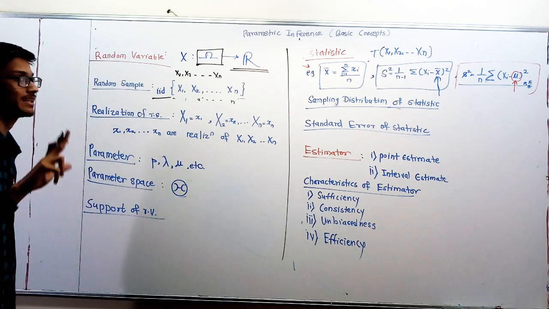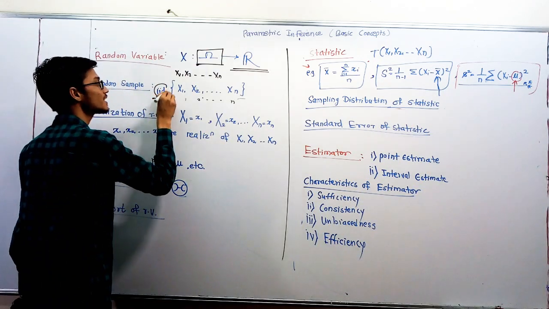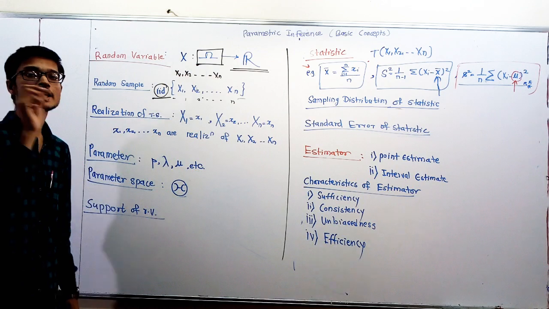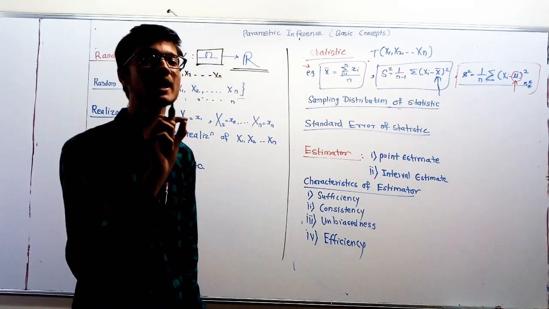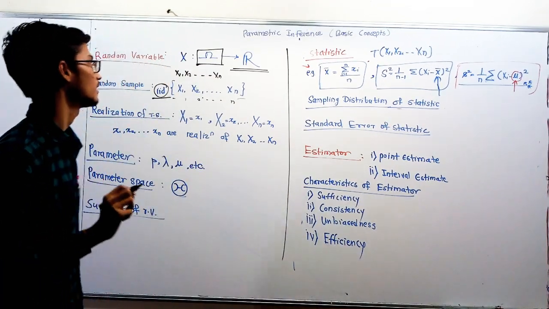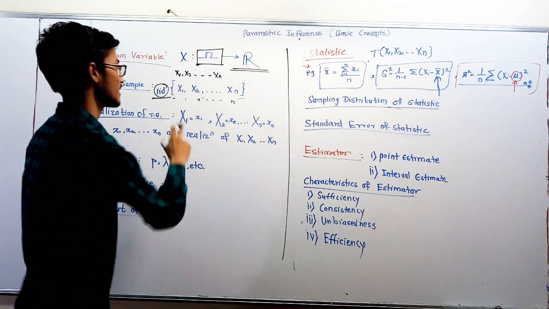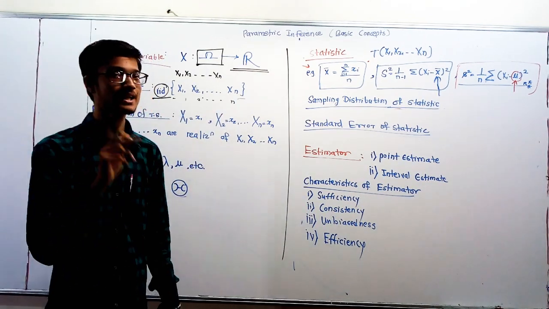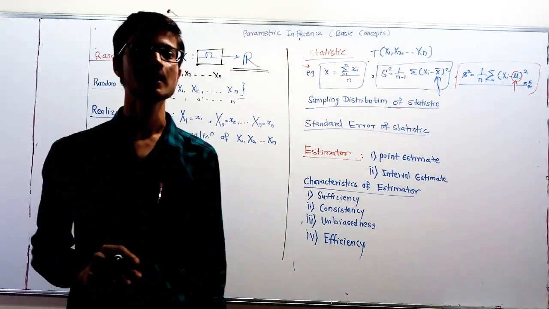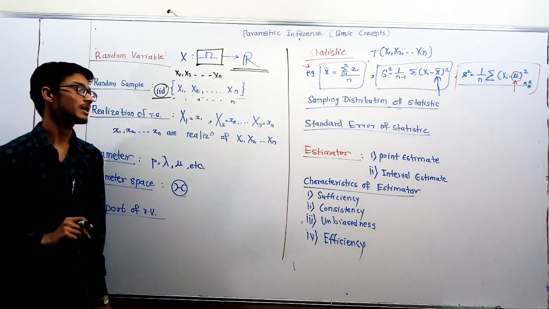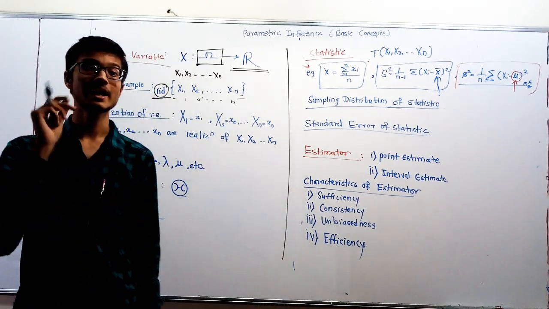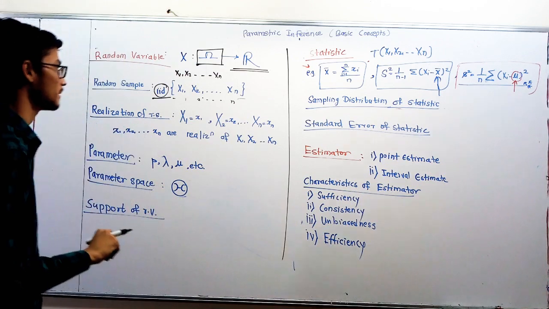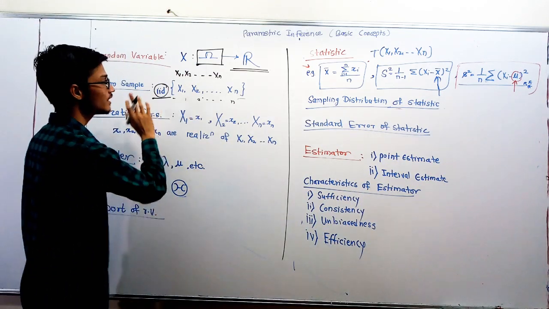Set of n IID. What is IID? Independent and identically distributed random variables. X1, x2, xn, these are random variables. Set of n IID random variables, independent and identically distributed random variables, is called a random sample.